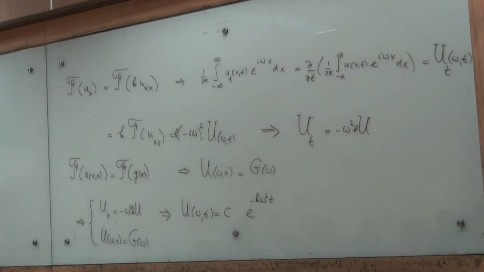So I solved the PDE. That looks like the first order ODE. So the U_t is equal to minus omega squared k times U. Is this the correct answer? Or not? Who thinks this is not the correct answer?